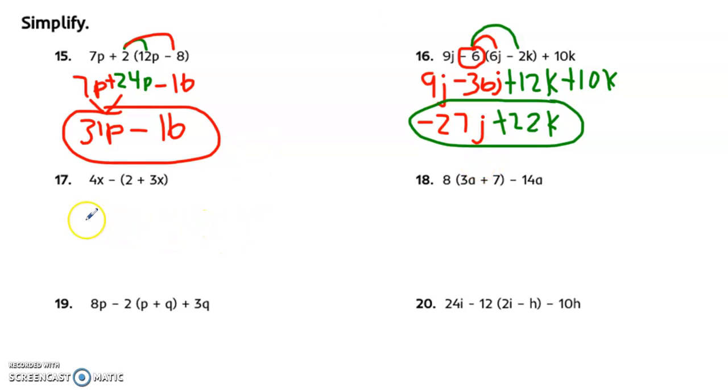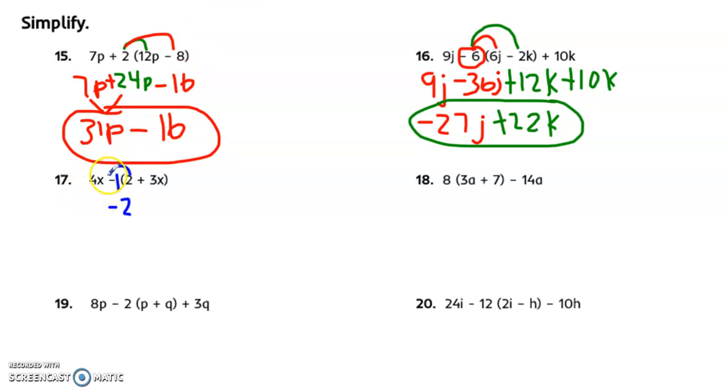Number 17, 4x minus 2 plus 3x. So we need to distribute this negative into both of these. So there's an imaginary 1 right here. So we'll just go negative 1 times 2 is negative 2.